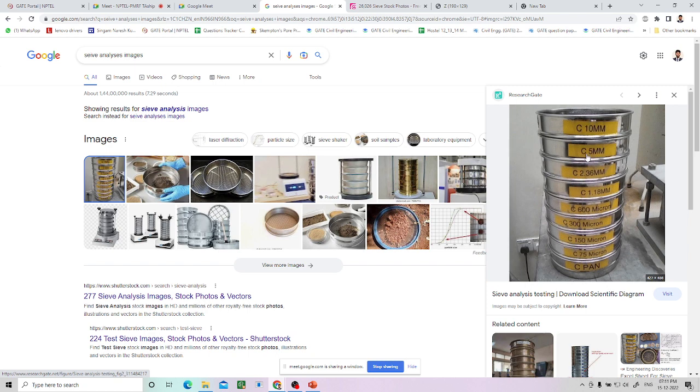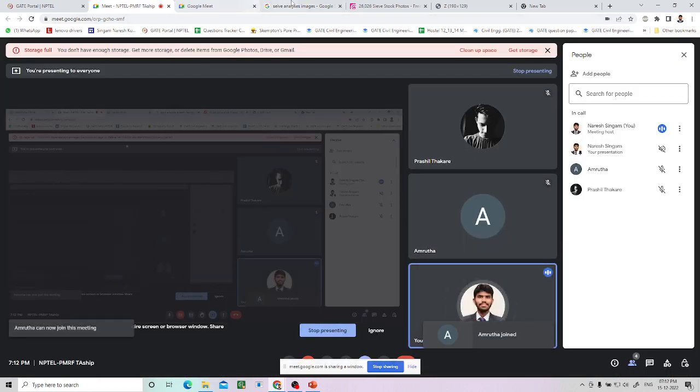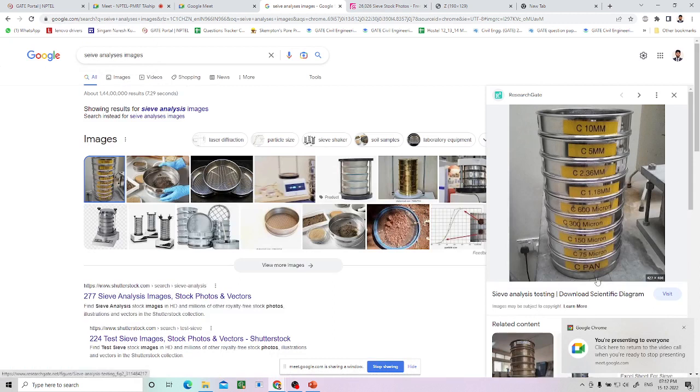Then the next sieve will retain the soil above its size and let the finer soil pass. Like that you can find out the different weights retained on different sieves. That is called sieve analysis.